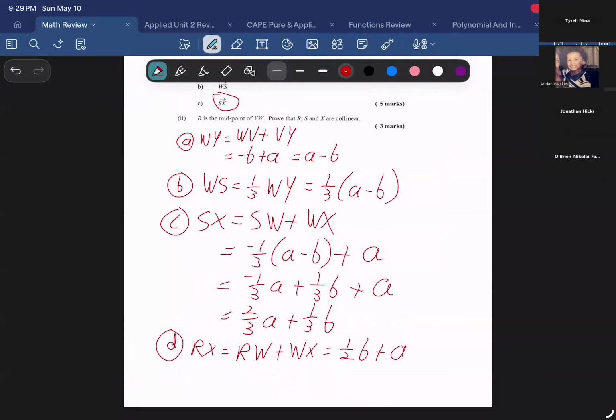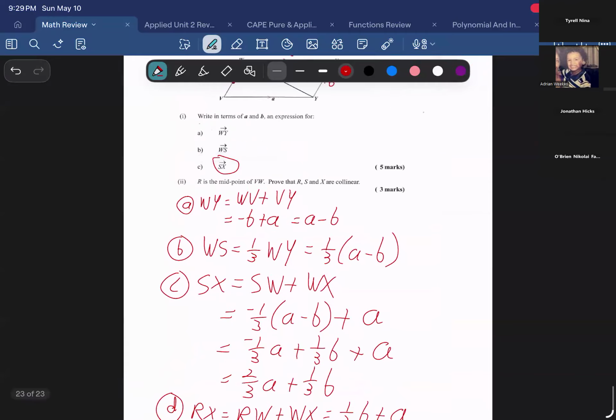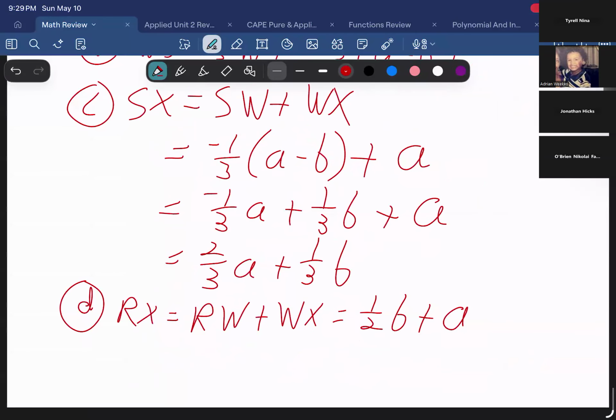Yeah, you can use RS and SX. That's fine.